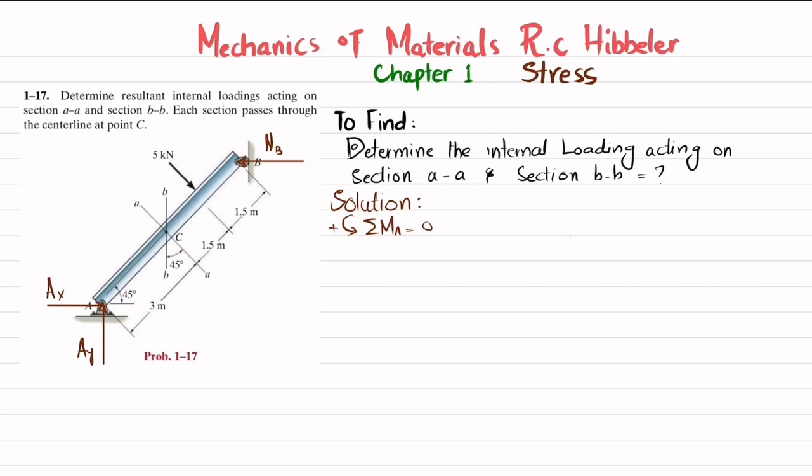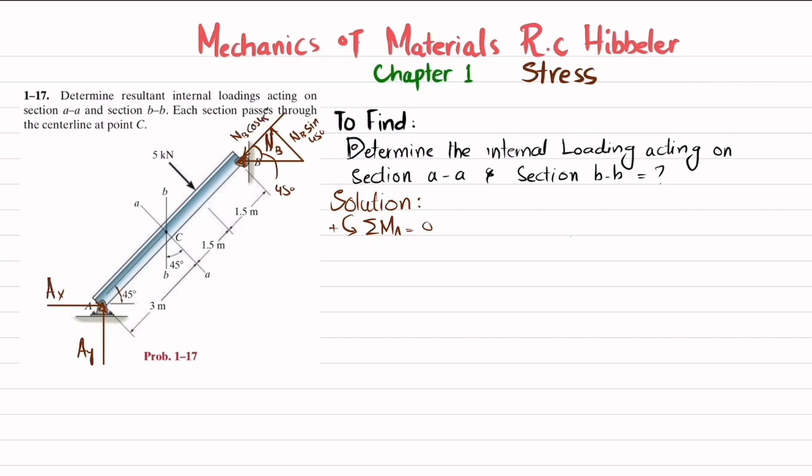If I draw a horizontal line, this angle is 45 degrees between this line and the horizontal line, so this angle will also be 45 degrees. So NB will have two components: this component will be NB sine 45 and this component will be NB cos 45 degrees.